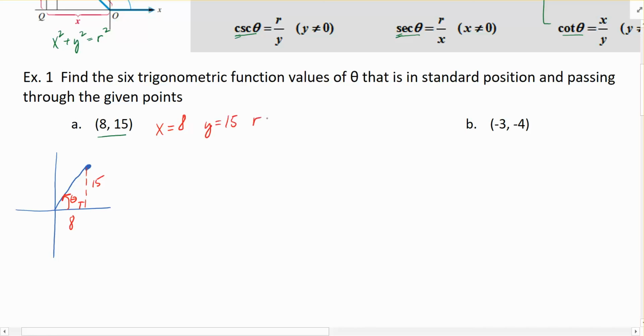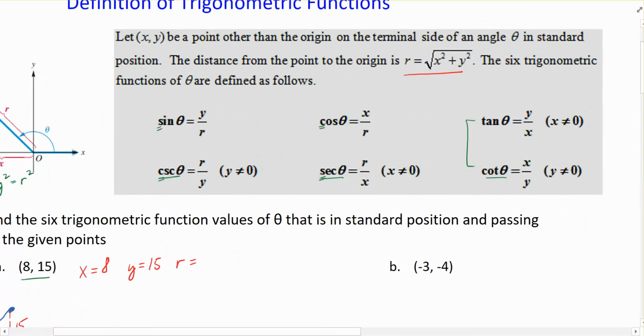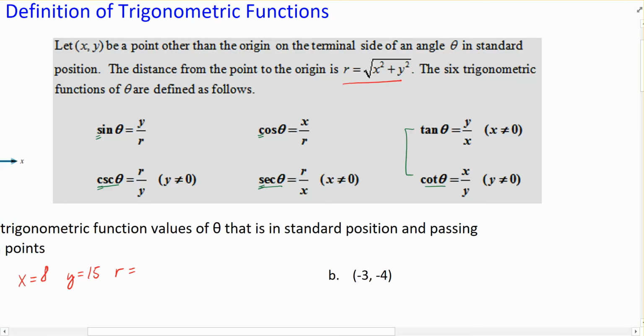Now some of you may or may not already be recognizing that this is indeed a special triple triangle, but if you don't recognize that, how am I going to find r? Well, if you notice up here in our definitions, r is equal to the square root of x squared plus y squared. But where does that come from? Well, remember we said that our triangle is based on Pythagorean's theorem.